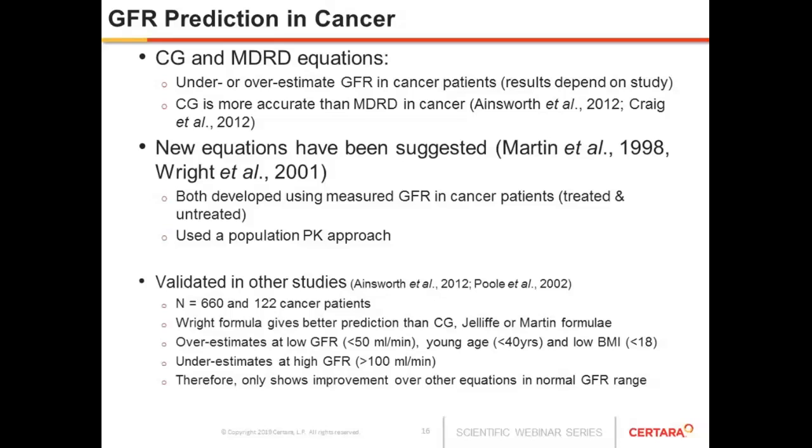So that's something to be considered. And essentially what we provide within Simcyp is scripting tools which allow for modification of this GFR prediction in order to better capture different patients.